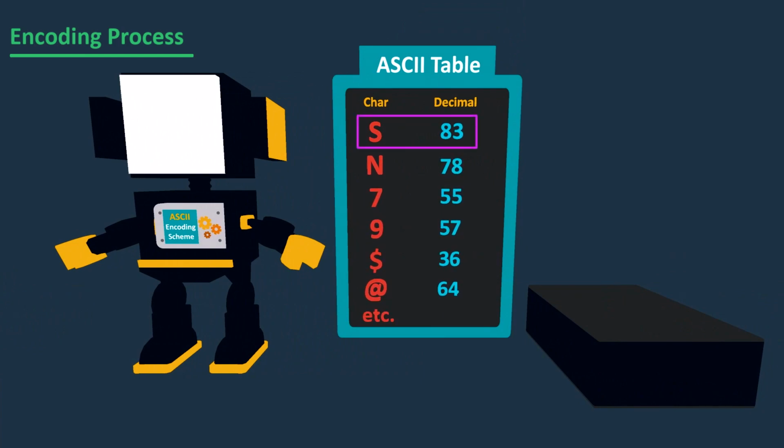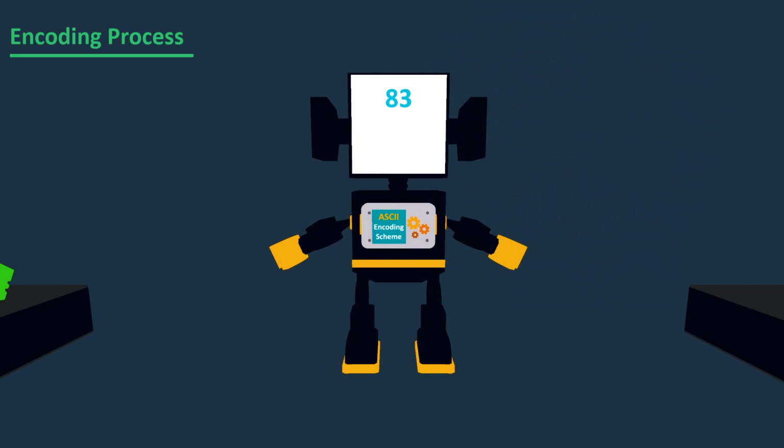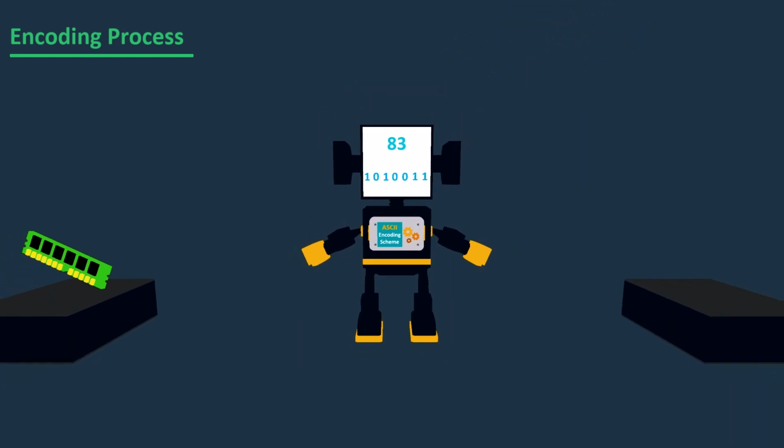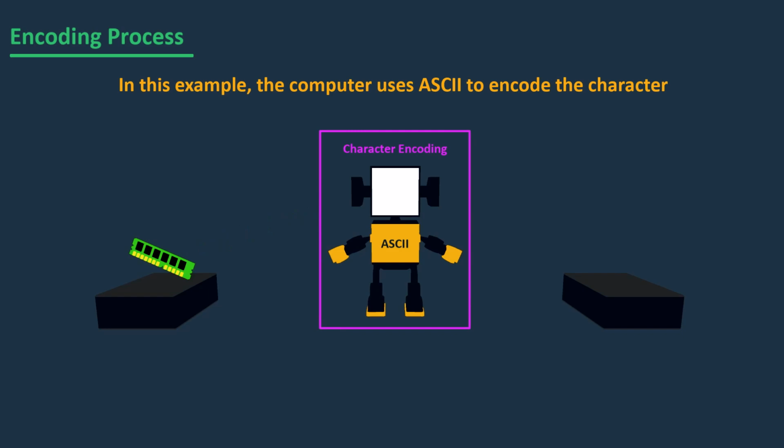In this case, the uppercase S maps to decimal value 83. After converting the character into 83, the computer stores this value as a binary sequence in its memory. What we've just shown you is an example of how computers encode textual data using ASCII rules.